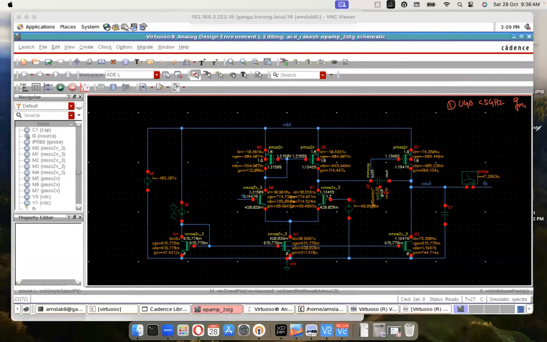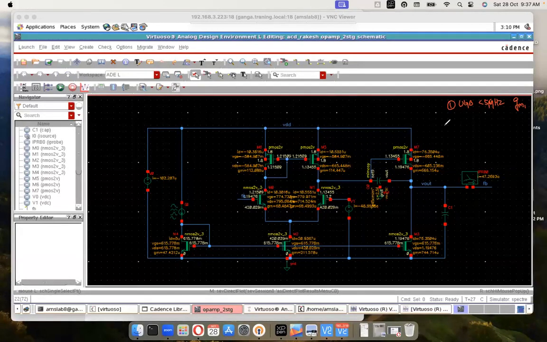If input GM is improved to 78 micro or something, probably you can achieve that extra bandwidth. Right now it is 3.6 megahertz. You can increase the bandwidth to 5 megahertz or so if your input GM improves.